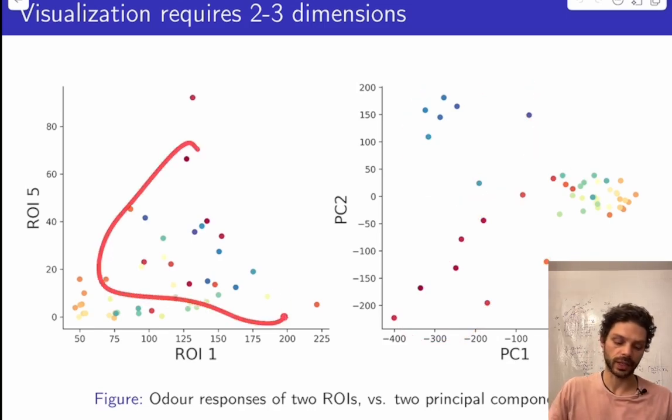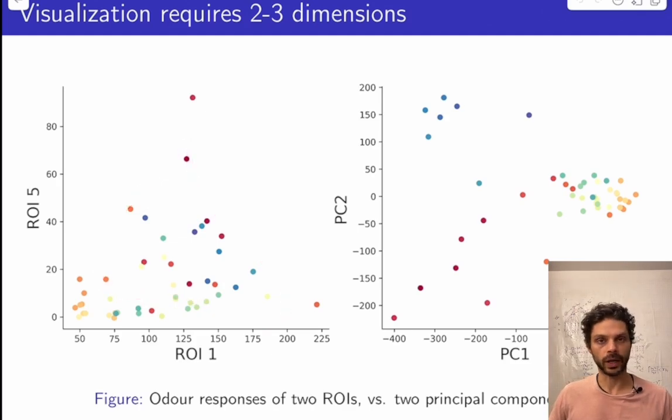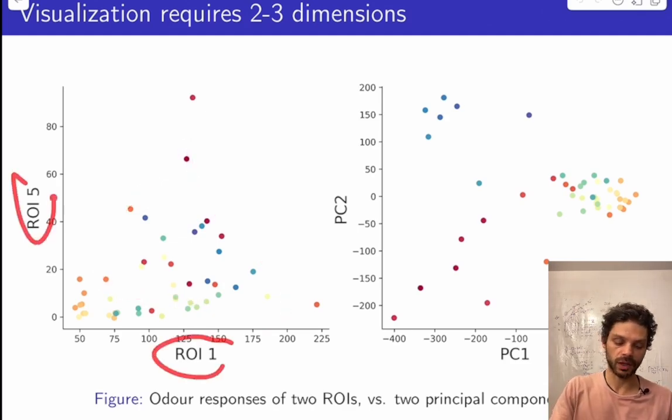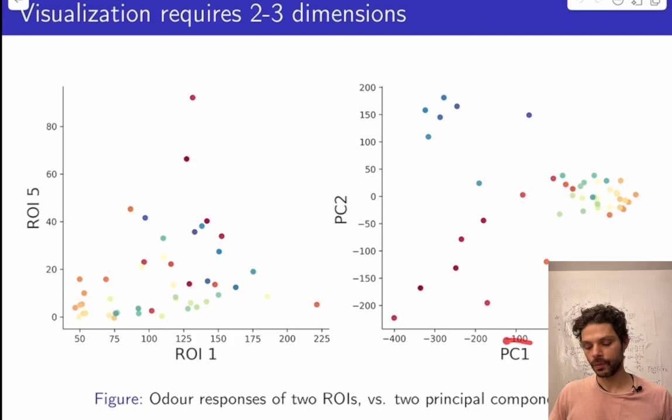Whereas here, it's unclear what's going on, and unclear why you would pick these two cells. In PCA, we can justify our choice of principal components, and in some sense say they're the best ones to pick if you need to project the data into two dimensions, 3 dimensions. The first however many principal components are the best ones to pick.